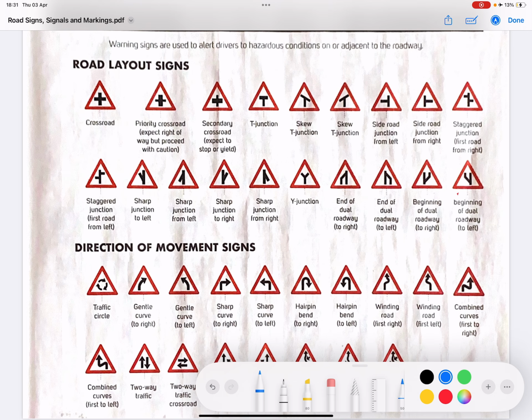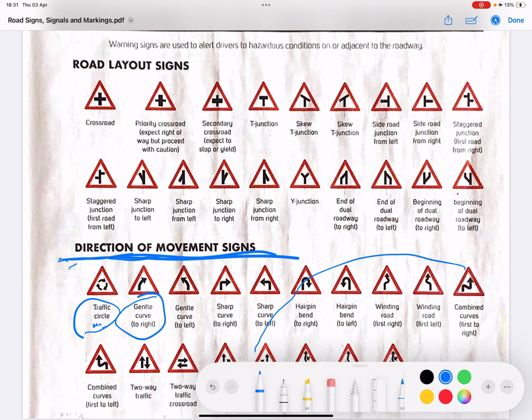Okay. Then you have the direction of movement sign. The direction of movement. Traffic circle. You must know ukuthi kuhambeka kanjani, the direction of movement. What is the direction of movement? It's a traffic circle. There you'll find a gentle curve. Kuhambeka kanje, kuyakeva gently.